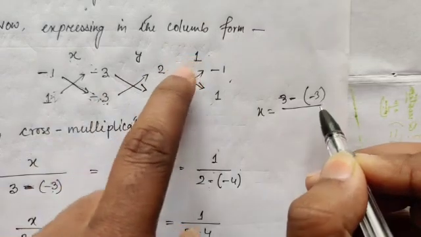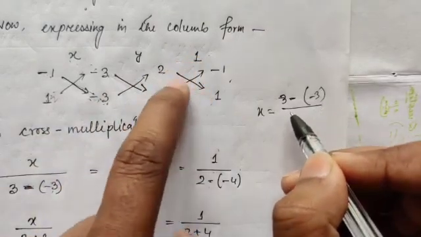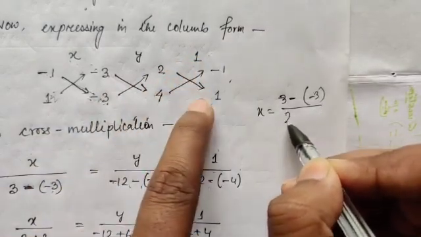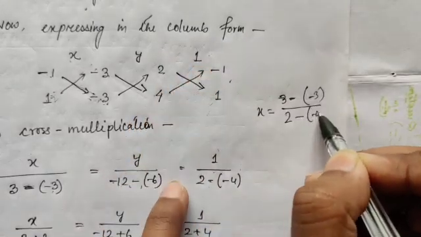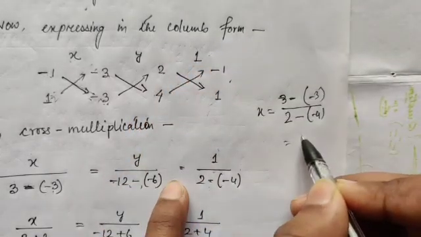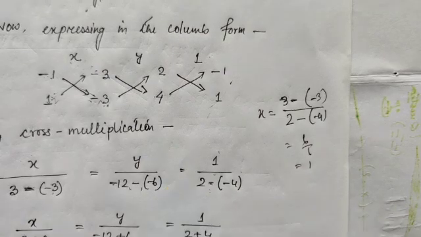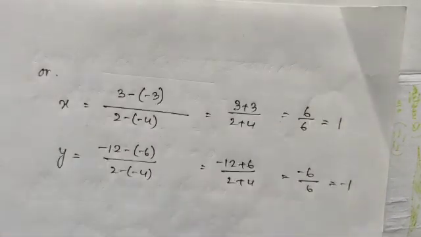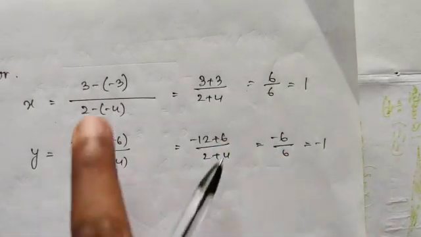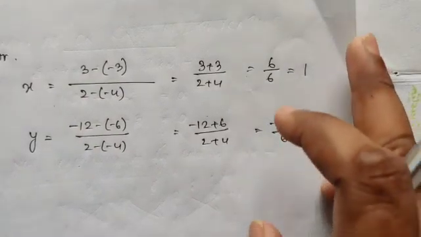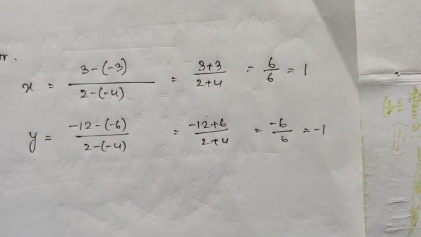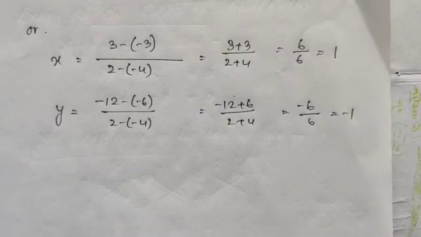Then you write the cross multiply part of 1: 2 into 1 is 2, -4 into -1 is -4, that is 3, 6 by 6, that is 1. In this way you can write x and y directly. So these are the solutions, 1 and -1. Okay, I hope you have understood.